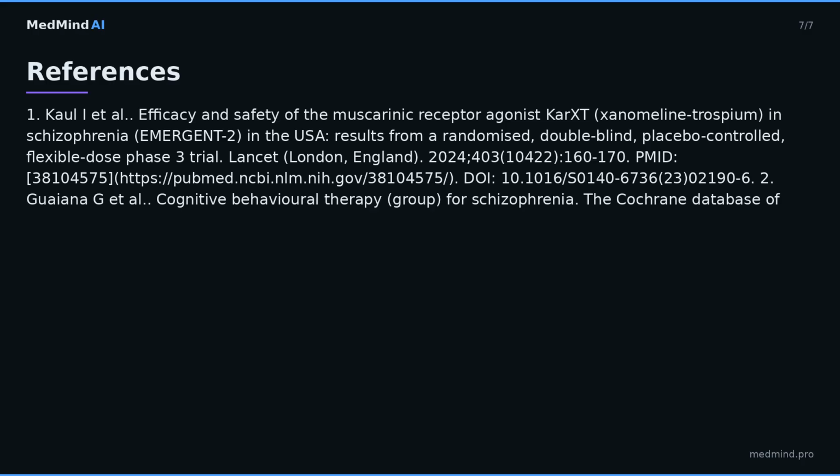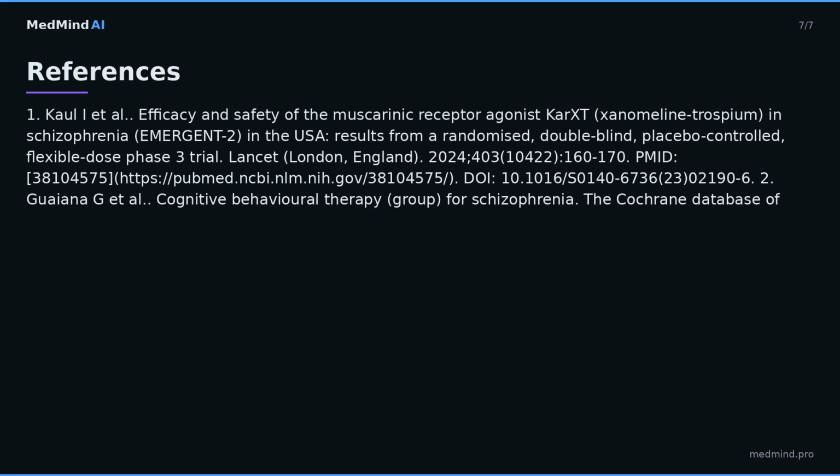References. 1. Claude AI et al. Efficacy and safety of the muscarinic receptor agonist KarXT, xanomeline trospium, in schizophrenia, EMERGENT-2, in the USA, results from a randomized, double-blind, placebo-controlled, flexible dose phase 3 trial. Lancet, London, England. 2024, 403, 10422, 160-170.